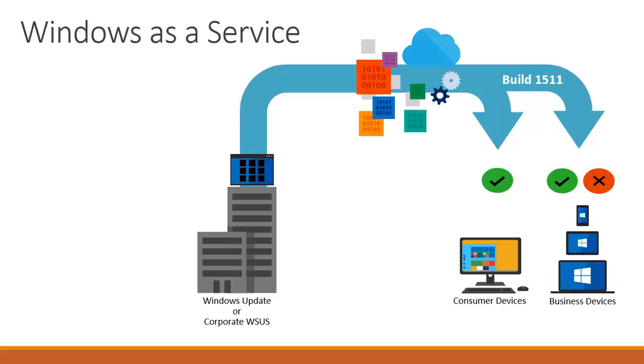This is different from what a consumer, so a home user for example, gets. They will receive these upgrades as mandatory upgrades. They won't get the choice. So in effect what we'll see is home users become almost like the canary in a cage down the mine.